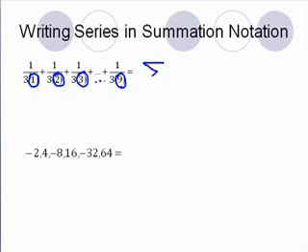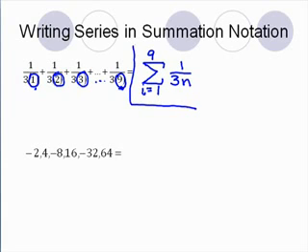So we've got the sum, and i is going from 1 all the way up to 9, and our a sub i is going to be 1 over 3 times i. So this is the series in summation notation.